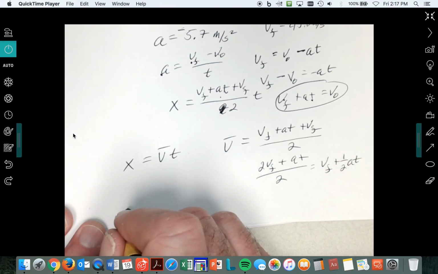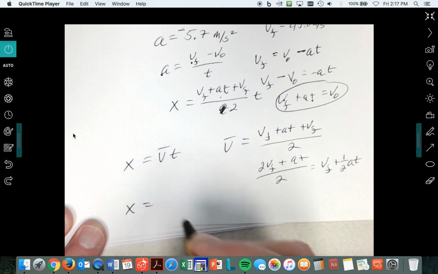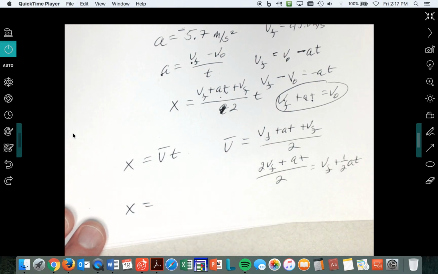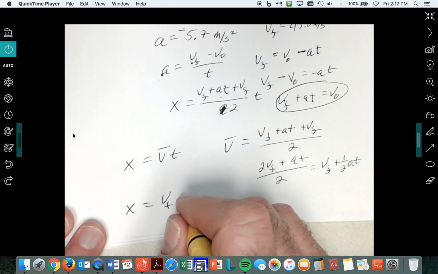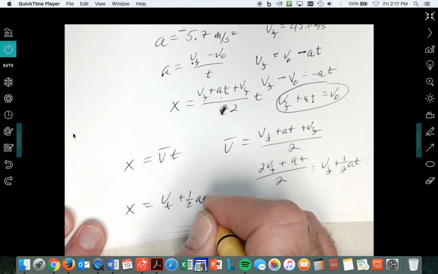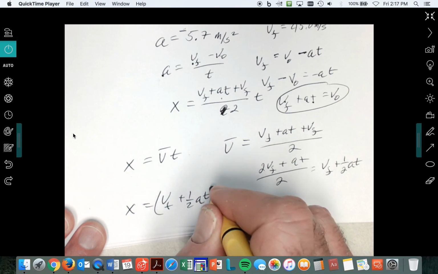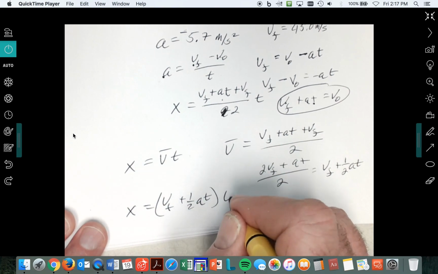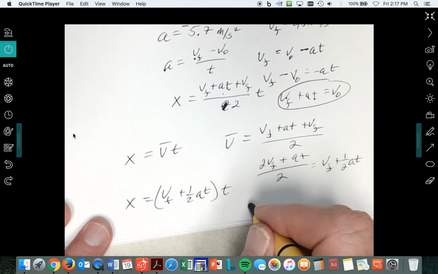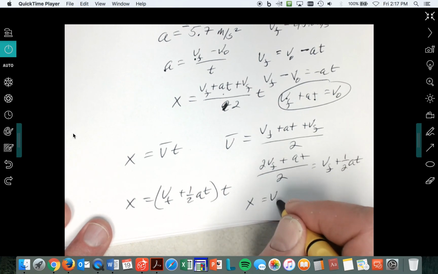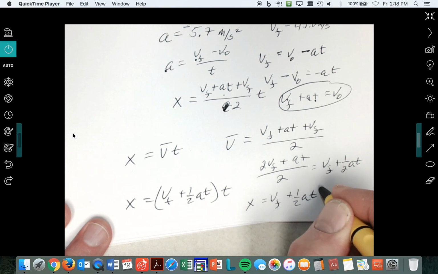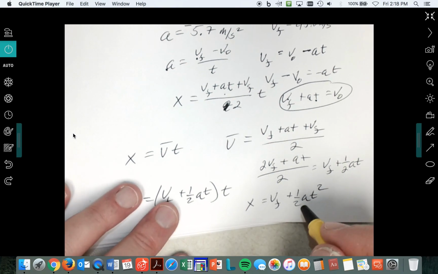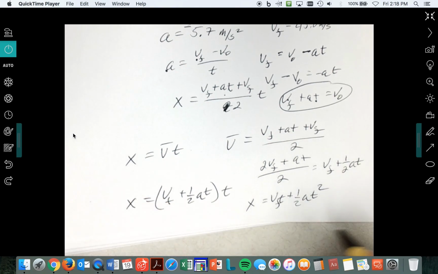I go, oh wait, well, x is equal to v final plus 1/2 AT times t. Aha! That's where we get x equals v final t plus 1/2 AT squared. I knew I wouldn't have to use that because look, v final t plus 1/2 AT squared.